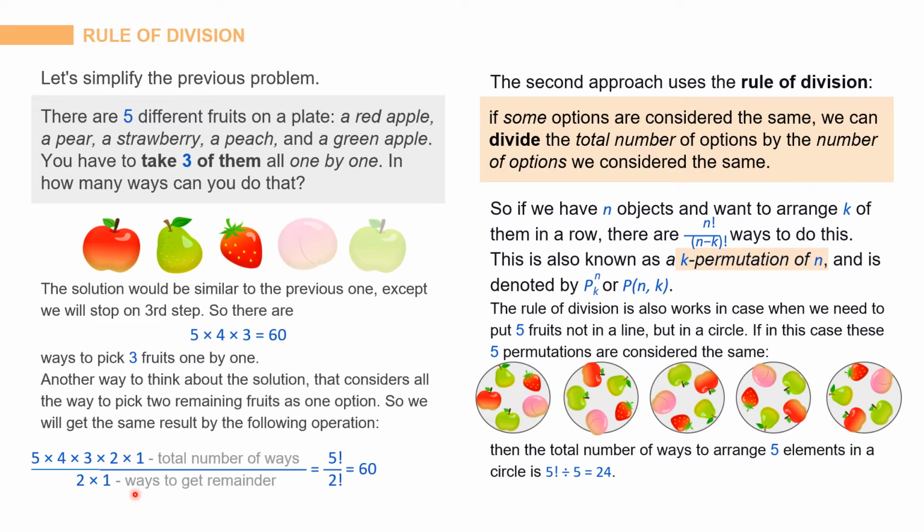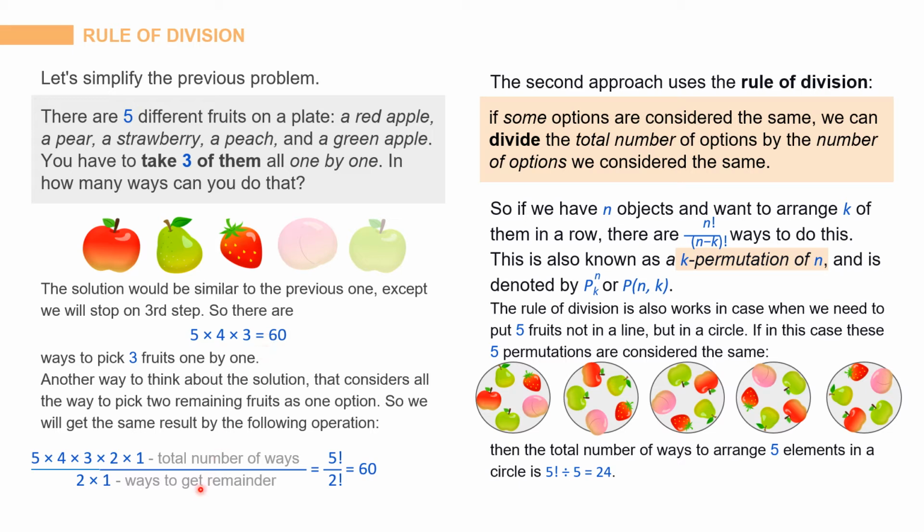That way we're left with 3 fruits. So we have 5 factorial ways to select all 5, and then 2 factorial ways to pick which 2 we return, leaving us with 3. So we have 5 factorial divided by 2 factorial, which equals 60, the exact same solution we got when we stopped after picking the third fruit.